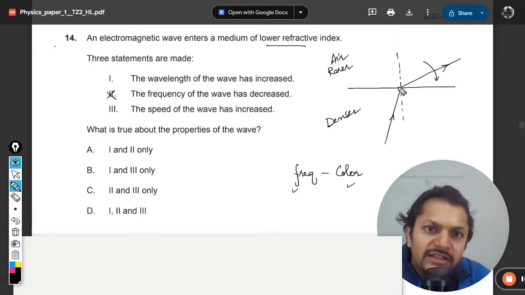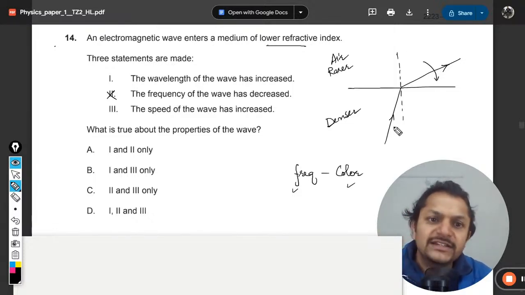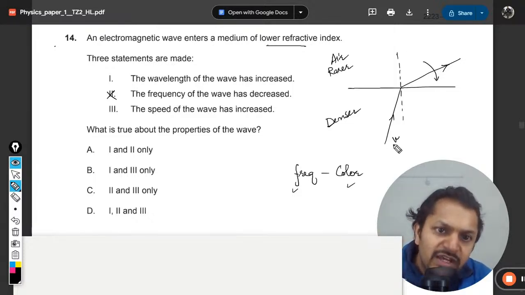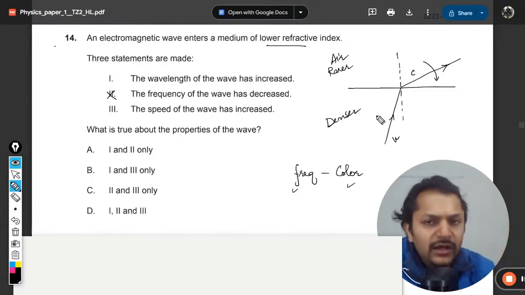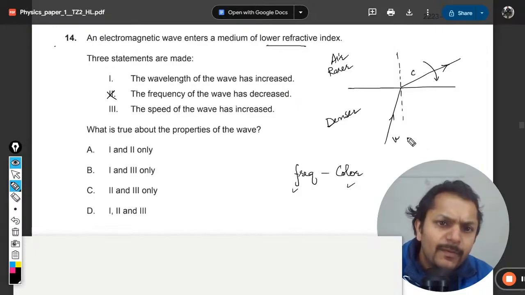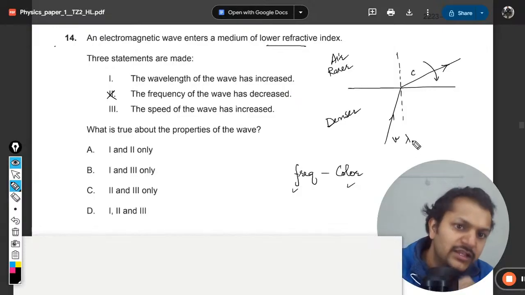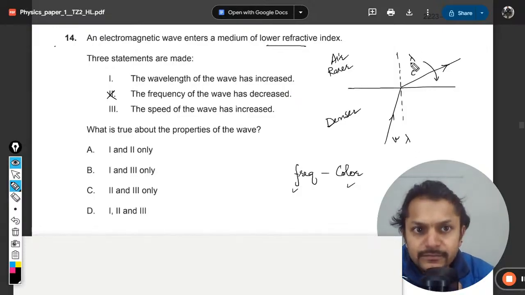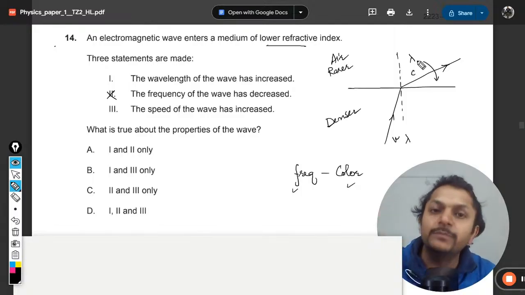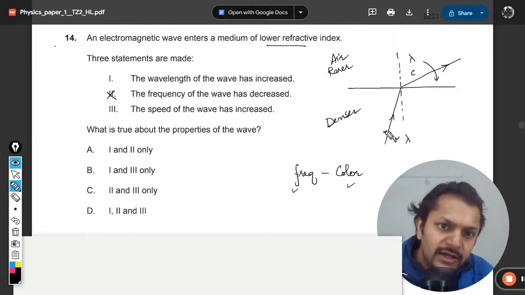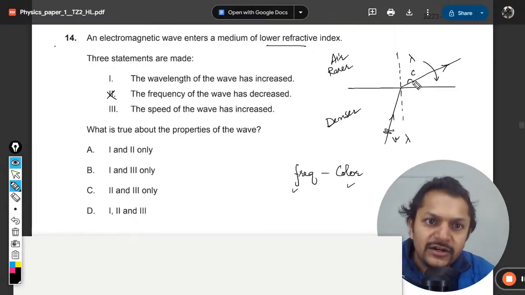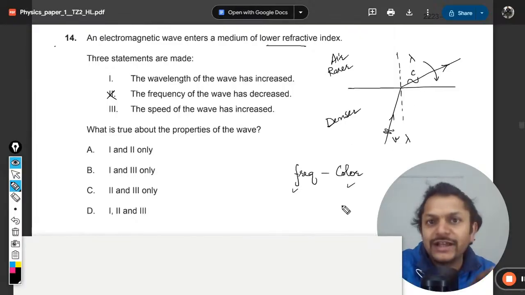Now in the air, the velocity increases. Here the velocity will be v, and here the velocity of the light will become c, and c will definitely be the maximum. Similarly, the wavelength becomes more, it becomes bigger. So here it moves like this, and here the wavelength is bigger, it goes like that.